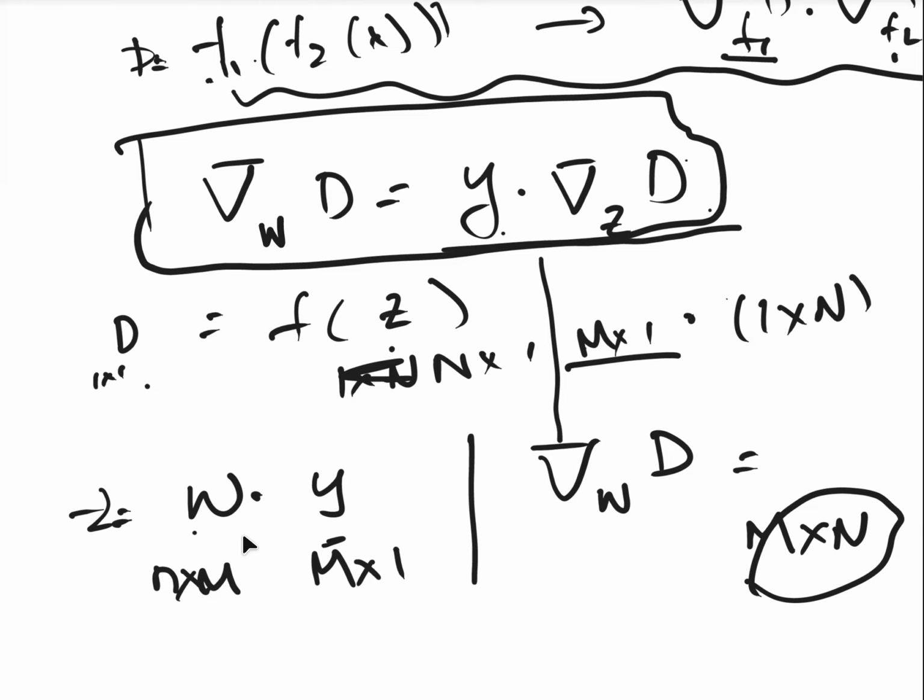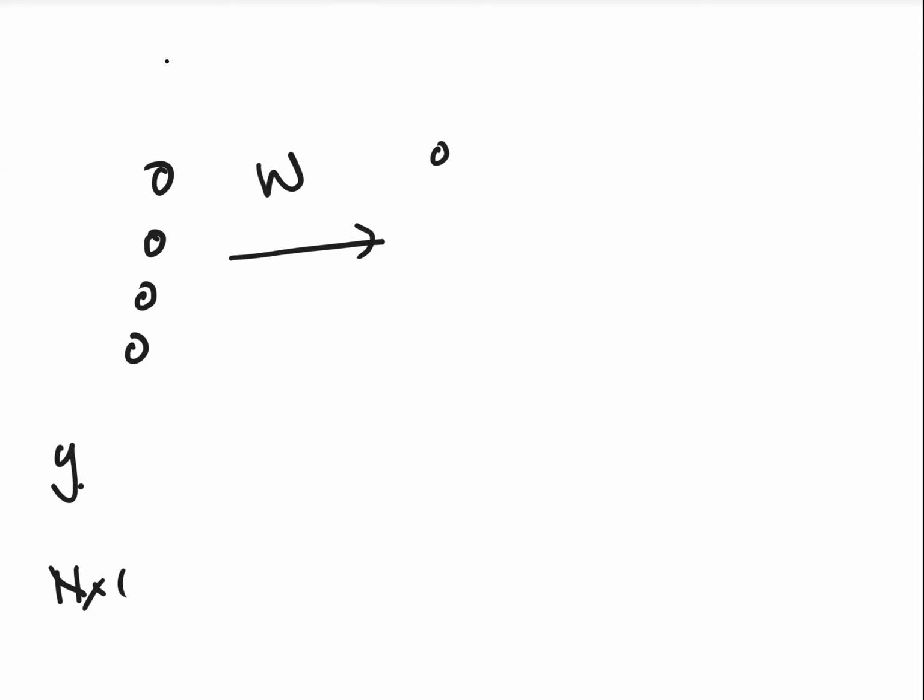Okay. So how does this relate to our problem? Suppose I have a layer whose output is y, and let's say this is an n cross 1 vector, and then y goes through a matrix W, and so this goes into the next layer to produce a z, which is m cross 1.